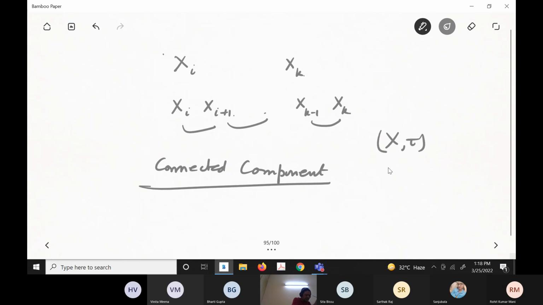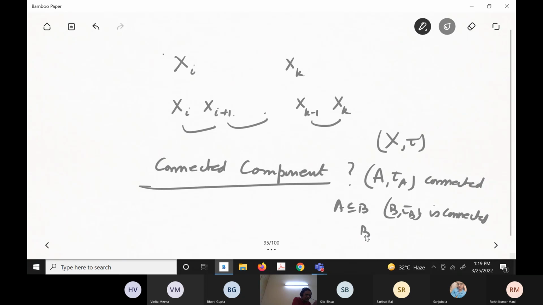Does there exist a connected subset A such that if I have A contained in B, and B is connected, then B equals A?